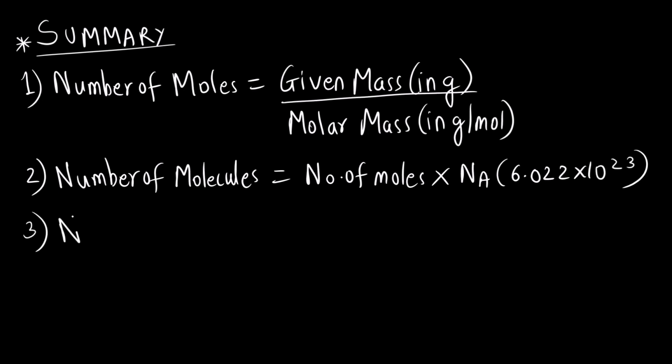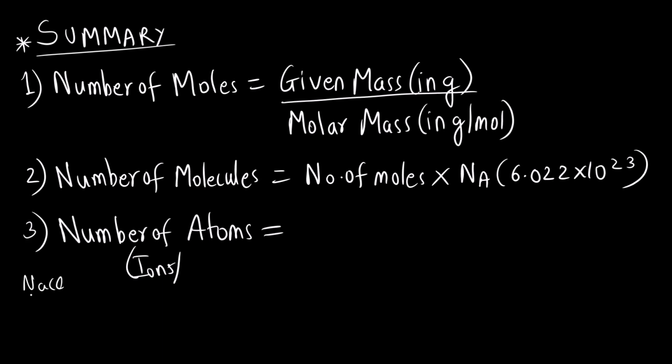And last what we saw was how to calculate number of atoms. So instead of atoms it can be any other species, like ions if it is an ionic compound. Suppose NaCl, and they ask number of sodium ions. So we know that in 1 mole of NaCl there will be 1 Na plus ion or 1 Cl minus.